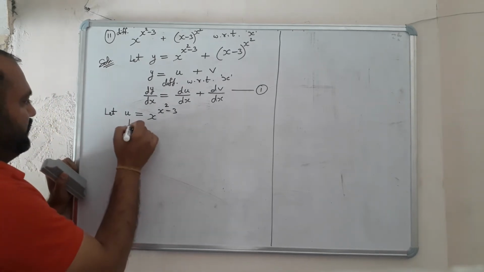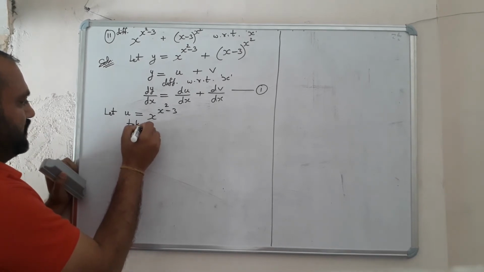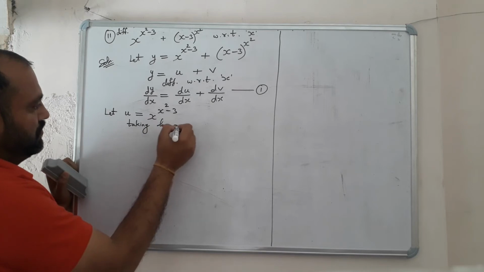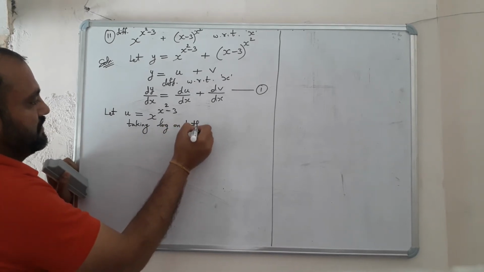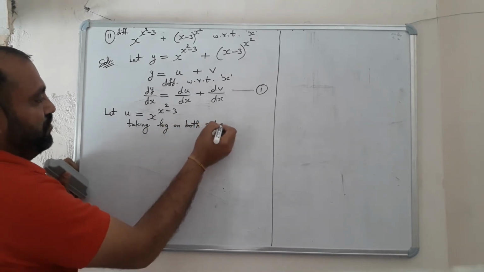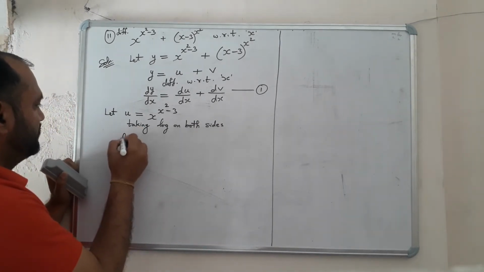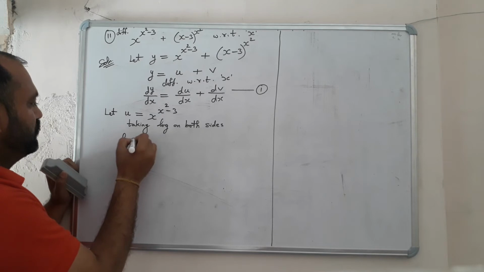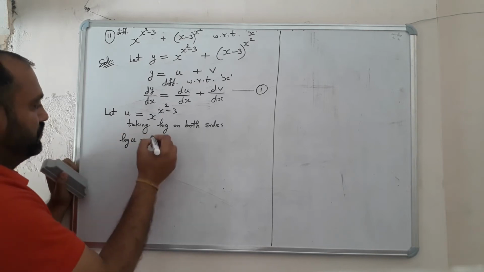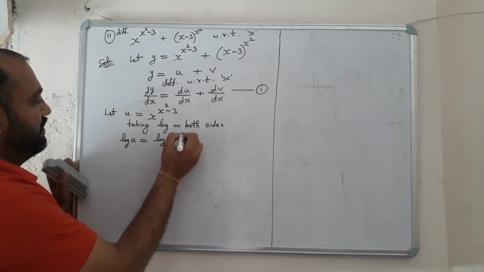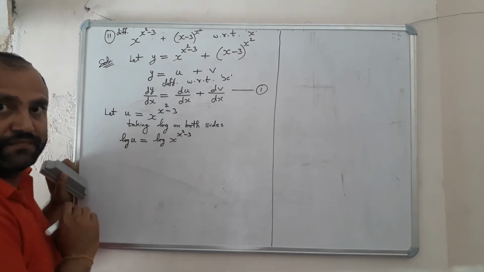Taking log on both sides, we have log u is equal to log of x raised to the power x square minus 3.